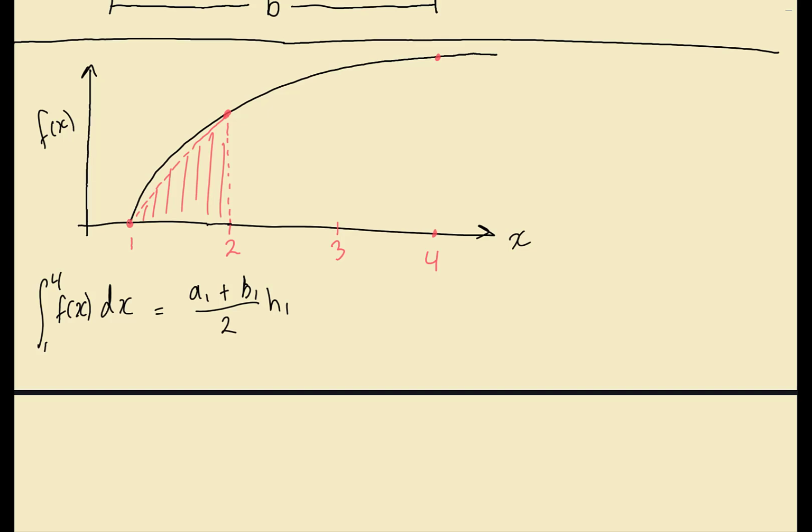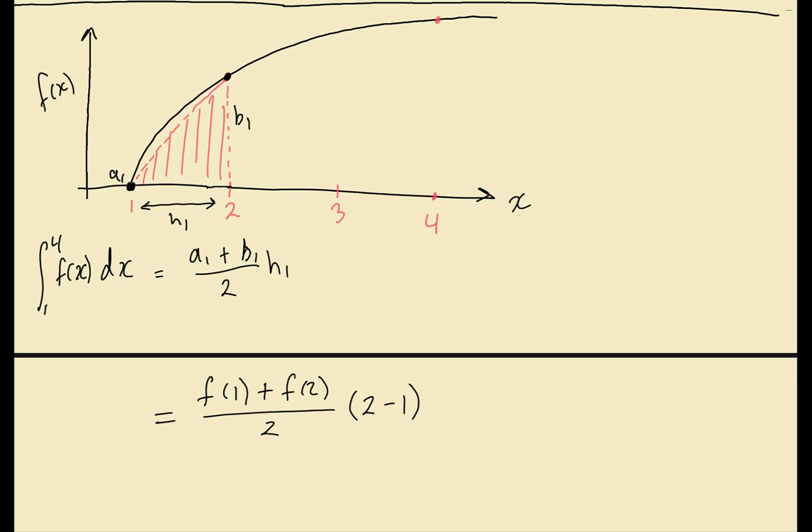In this case, h1 is what we see here. And then a1 would be the height of the first point on the y-axis, and b1 would be the height on the y-axis. So this would be my b1, and this would be my a1, but a1 is what? 0, right? So in general, what we see here is (f at 1 plus f at 2) divided by 2 times what? 1, which is calculated using 2 minus 1, the 2 points.